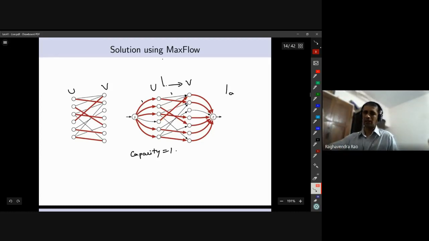You can't exceed the capacity, so no two edges can come into a vertex in V. Similarly, no two edges can go out of a vertex. So in other words, you can see that as a matching.